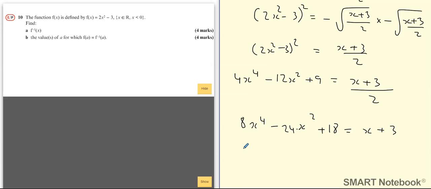Now if I take everything over to the left-hand side, minus x and plus 15 equals 0. I'll be happy with that. Is that what you got when you first did it?